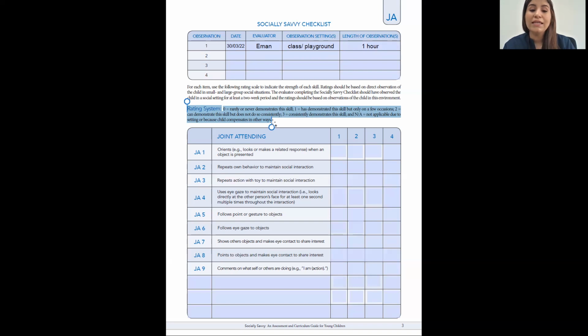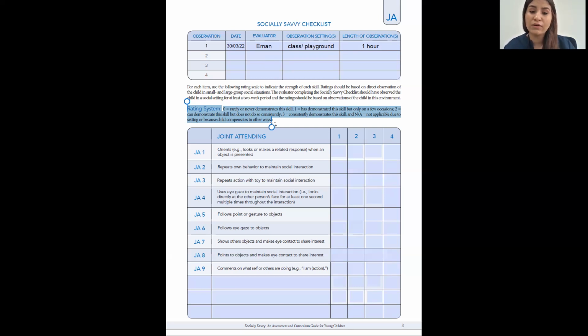Number 1, the skill, they demonstrated it, however, only on a few occasions. Number 2, okay, they demonstrate this skill, but do not do it consistently. Like they may do it with a specific teacher, but not with other teachers, or in a constant way.